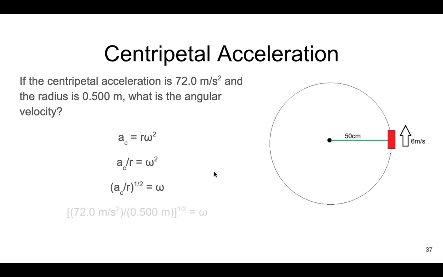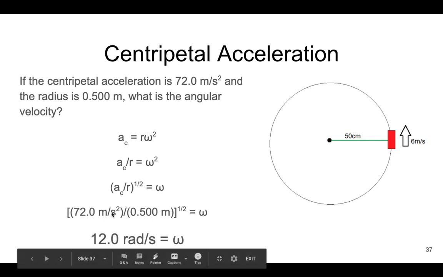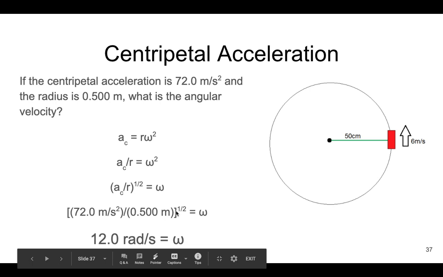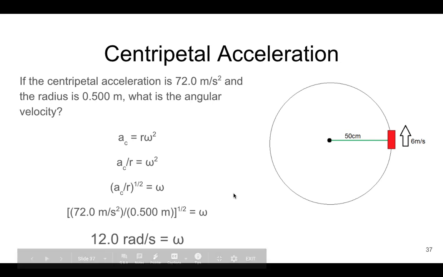That's the same thing. Plug in your numbers, and you will get 12 radians per second. So this is another one of those cases where if you looked at what was going on here, meters per second squared times meters, the meters part should have canceled out. You take this to the 1/2 power, we should just have something over seconds. But we needed radians to be there, so out of nowhere, radians magically appears. They're weird as a unit.